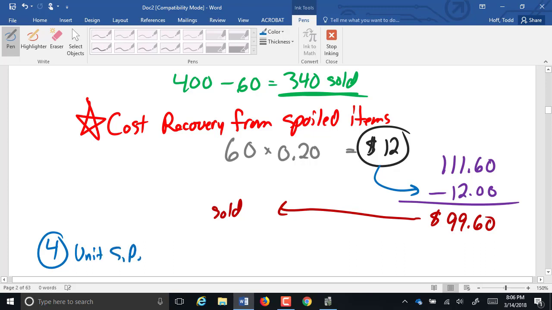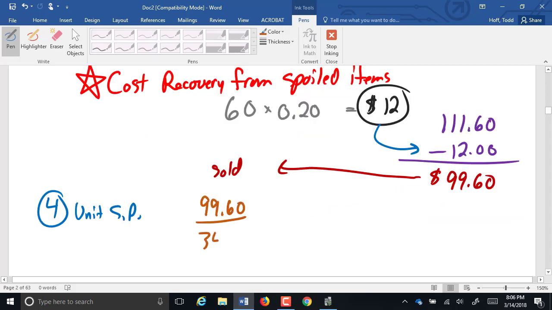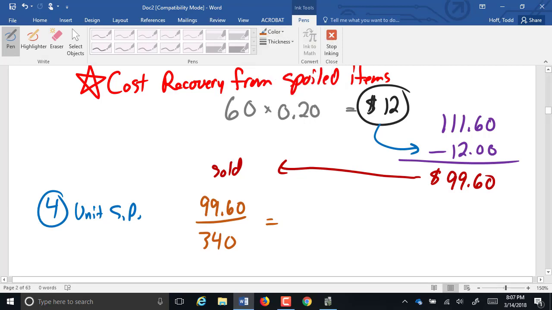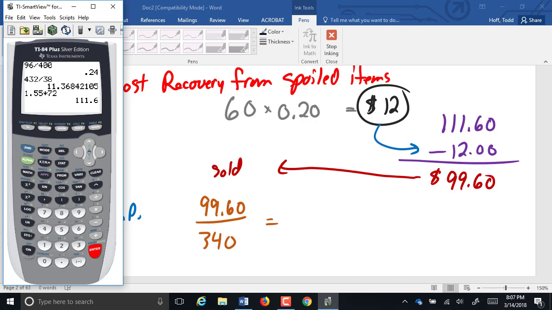That's the total dollar amount, which is now the $99.60 divided by the 340 that sell. What'd you get? I think there's a decimal point off there. I think it's 29 cents. Yes, it is. 29 cents.